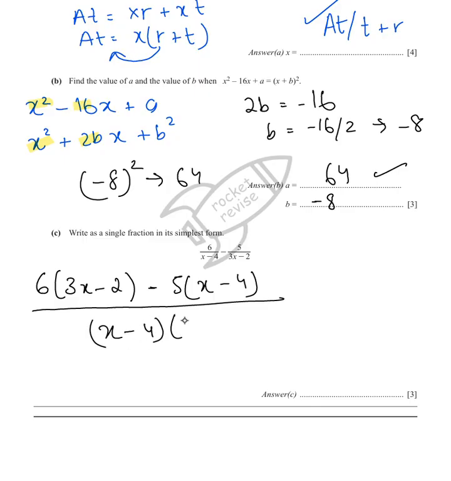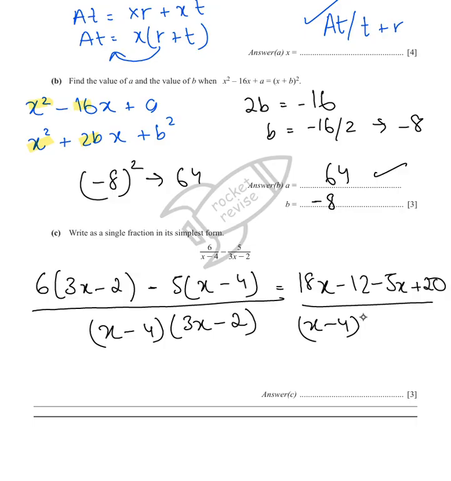Okay, what does this become? 18x minus 12 minus 5x plus 20, right? Over x minus 4 into 3x minus 2.